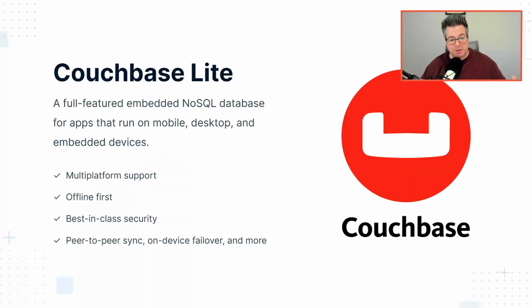So what do we do about these scenarios? How do we build these great apps? Of course, we know that Couchbase Lite provides the offline-first experiences that we need. Their product from the ground up is built to think about those scenarios and provide world-class solutions. Additionally, you have multi-platform support, such as running on mobile, desktop, and embedded devices, so you get most of the platforms you need right out of the box with their embedded NoSQL database.